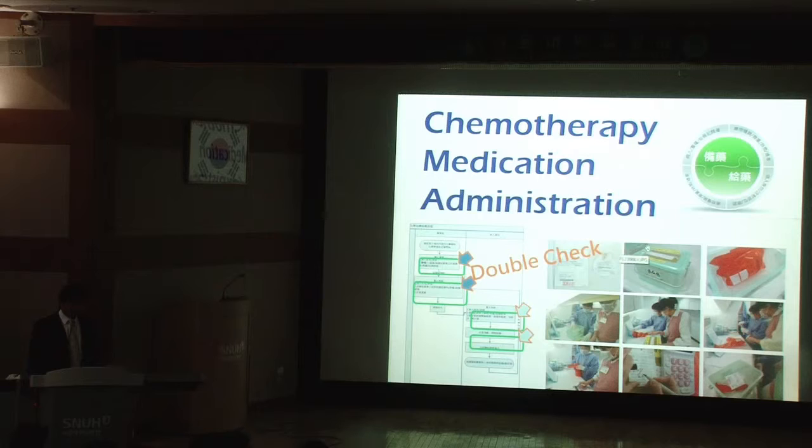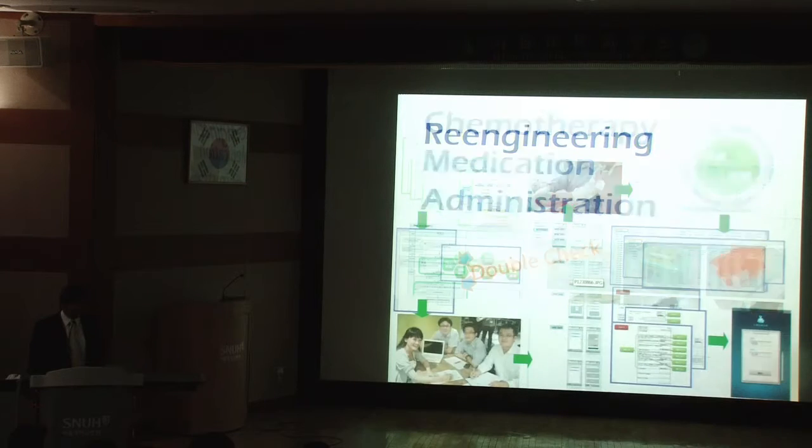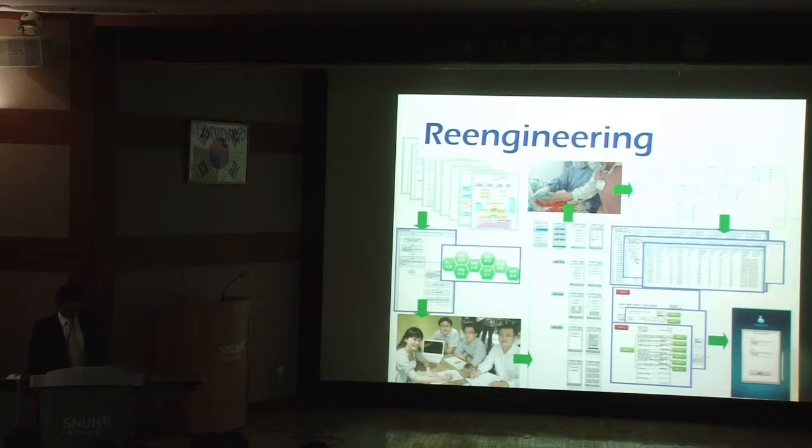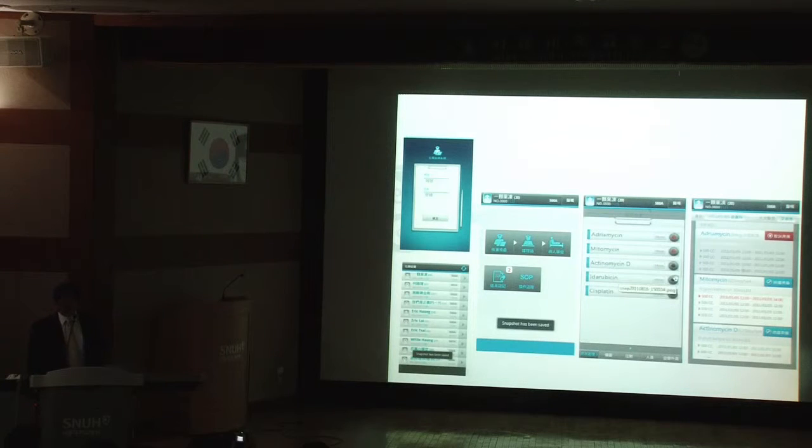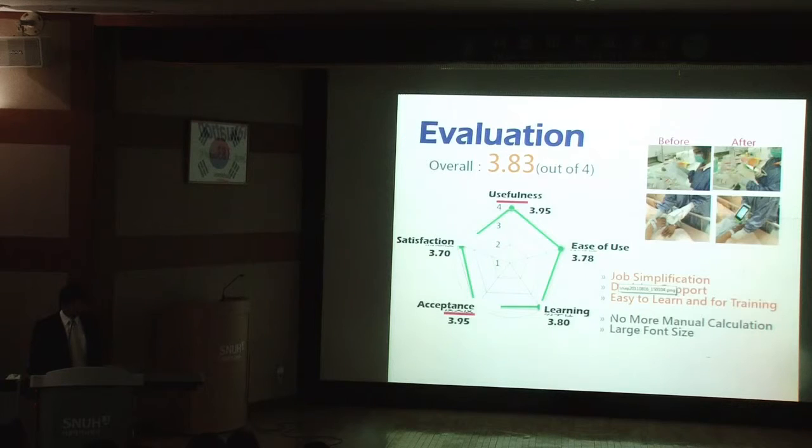So that's the process. How can we use mobile solutions to assist the nurses to complete this job? We re-engineered the process and designed the mobile solutions for them. And the evaluation results come out quite good. Out of 4, the overall score is 3.8.